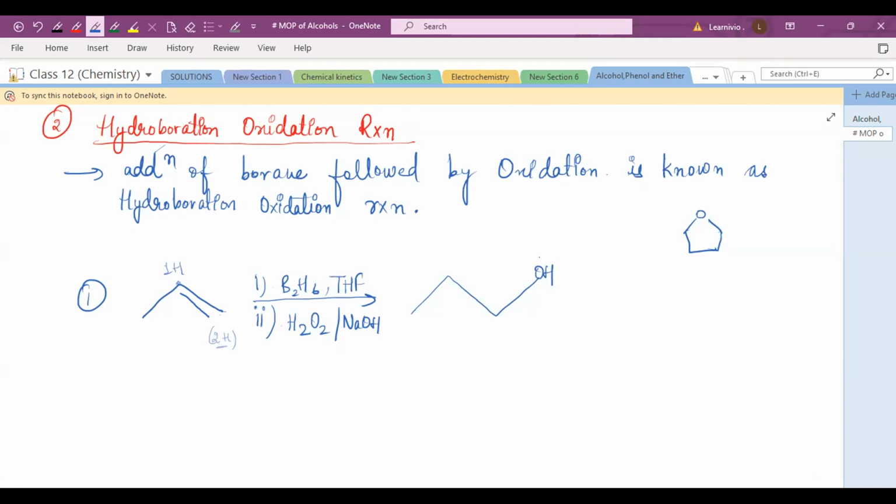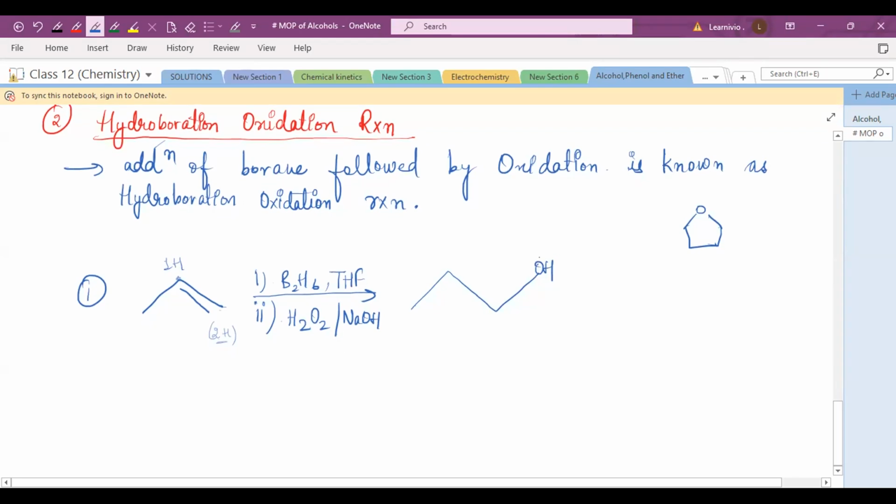Now, ये तो हमने लिख लिया, this is the reaction. Now let's see what is the mechanism for this reaction. So in the first step, यहाँ पे हम 3 moles लेते हैं. 3 moles of CH3CH=CH2.